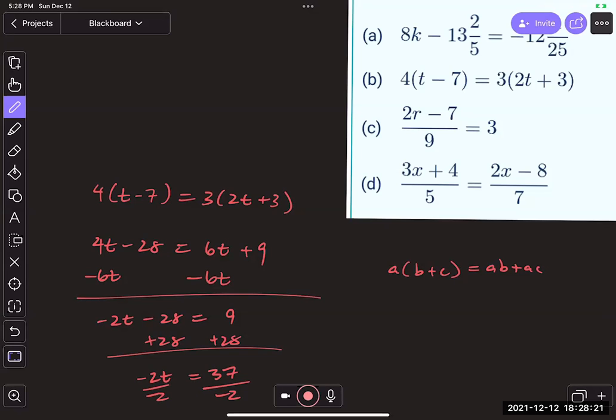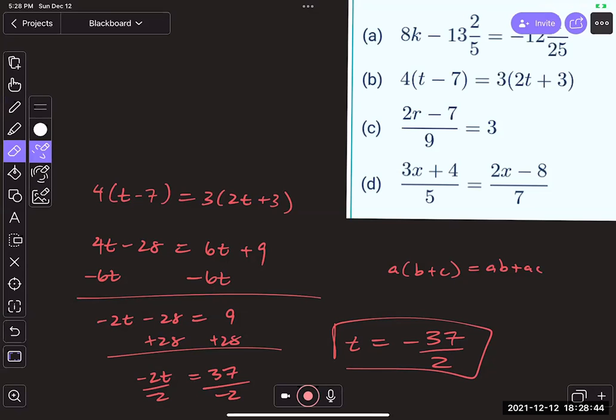Emily, what's our answer? t is equal to negative 18.5, I think. Negative 37 over 2 is perfectly fine. You're doing extra work. You can answer with an improper fraction. Negative 18.5 is also correct though. Nice work. Any questions here from anyone?